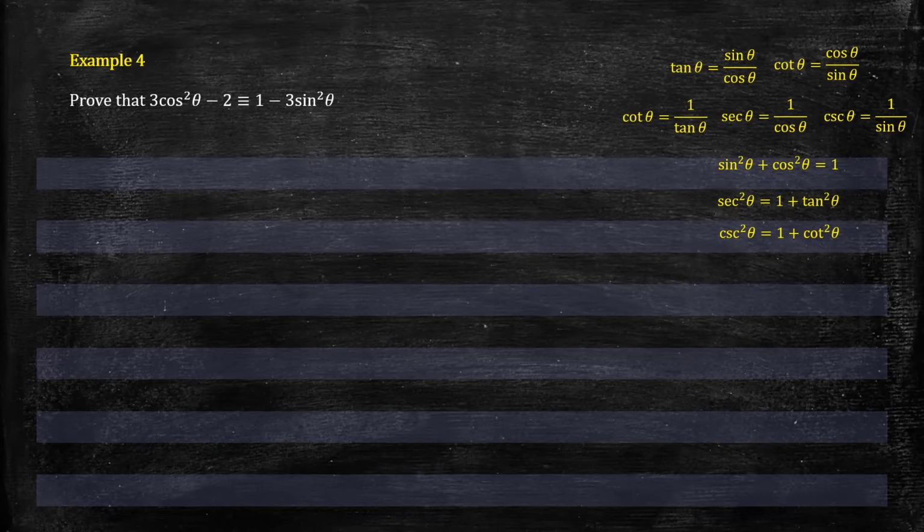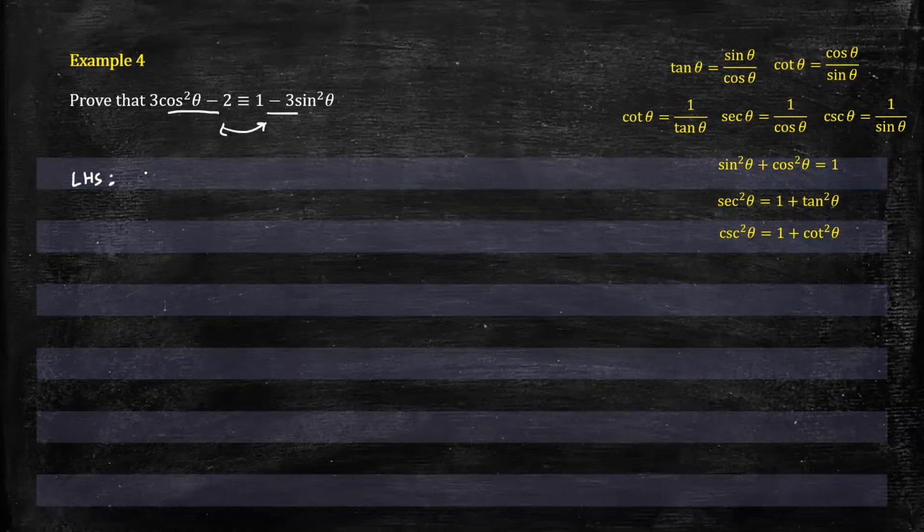In example 4, we want to prove that 3 cos squared theta minus 2 is equivalent to 1 minus 3 sine squared theta. So both sides look to be of similar difficulty for changing. So it doesn't really matter which one you change to be the other side. So what we'll do, we'll go from the left side. But you could just as easily go from the right side anyway.